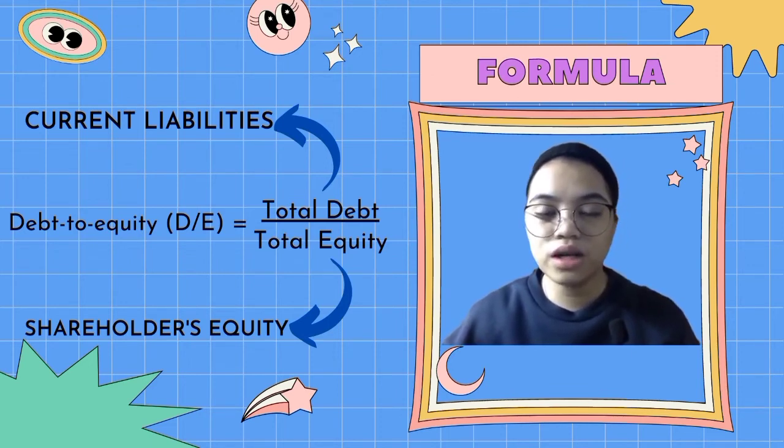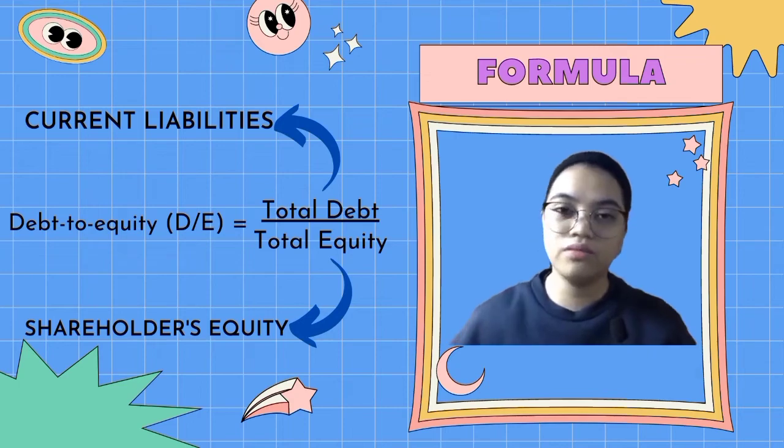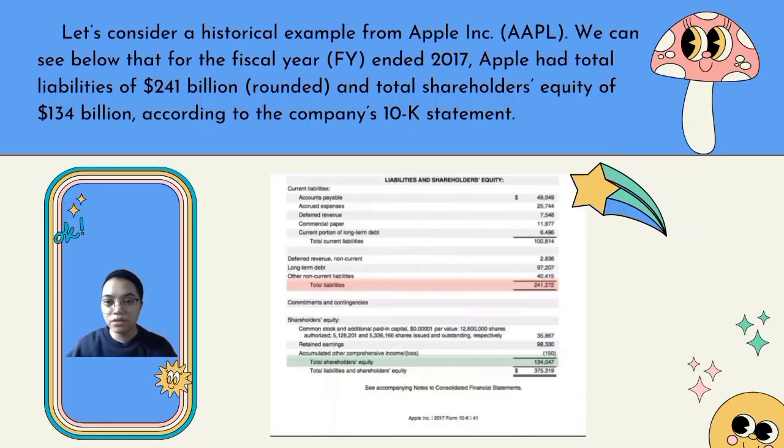So for you to understand further, let me give you an example. I have here the balance sheet of Apple Incorporated, and it says here that the total liabilities of Apple is $241 million and the total shareholders' equity of Apple is $134 million.